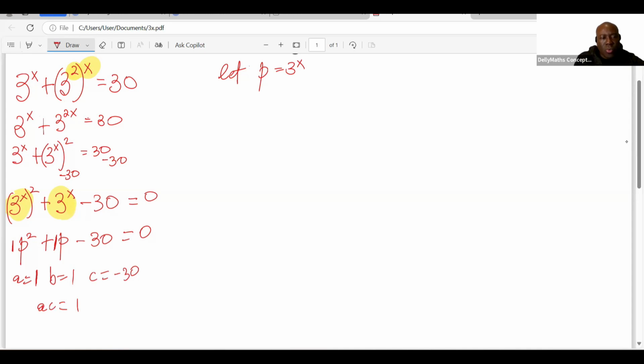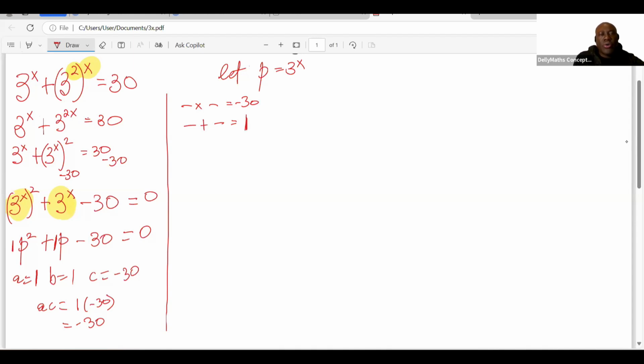AC is 1 times negative 30, which gives me negative 30. What are the two numbers that I need? I need two numbers so that when I multiply them, it gives me negative 30, but when I add them, it gives me 1. Those are factors of 30.